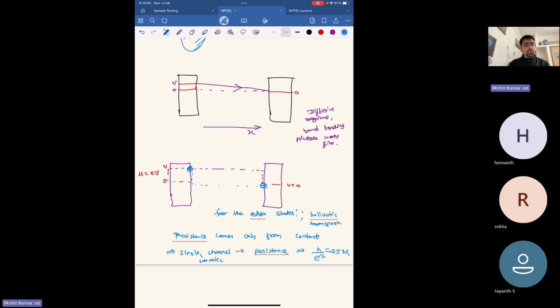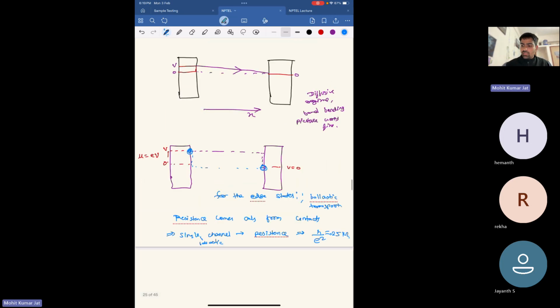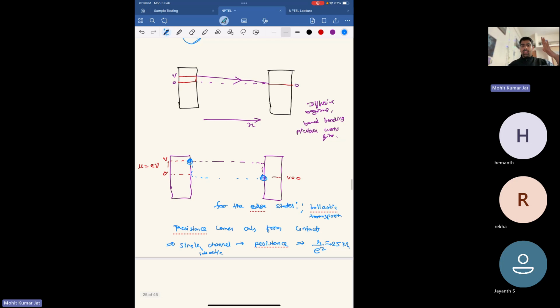Yeah, in the ballistic transport, Fermi level does not change. The potential profile is like this. One of the edges, your Fermi level will remain the same, and it will go like a bullet. See, Fermi level you define again for bulk.